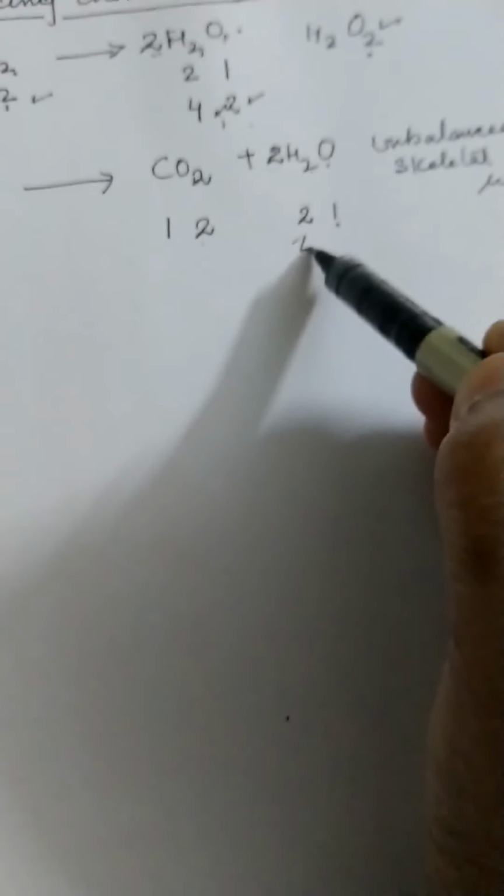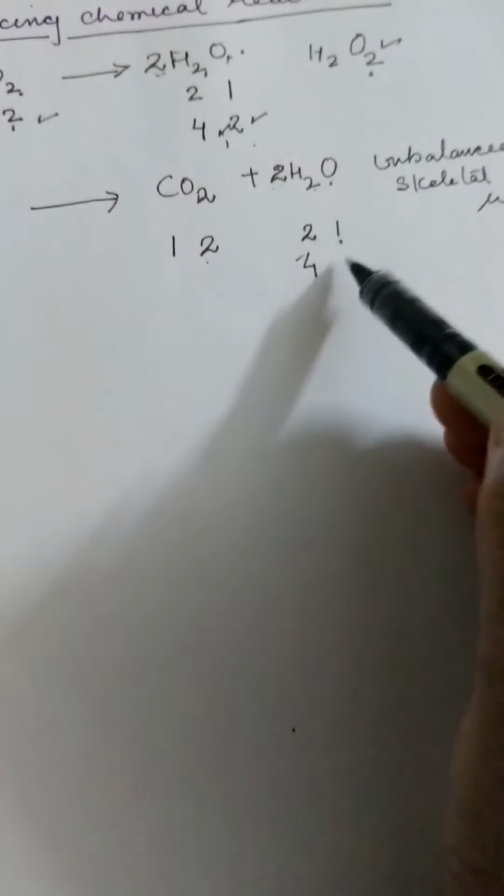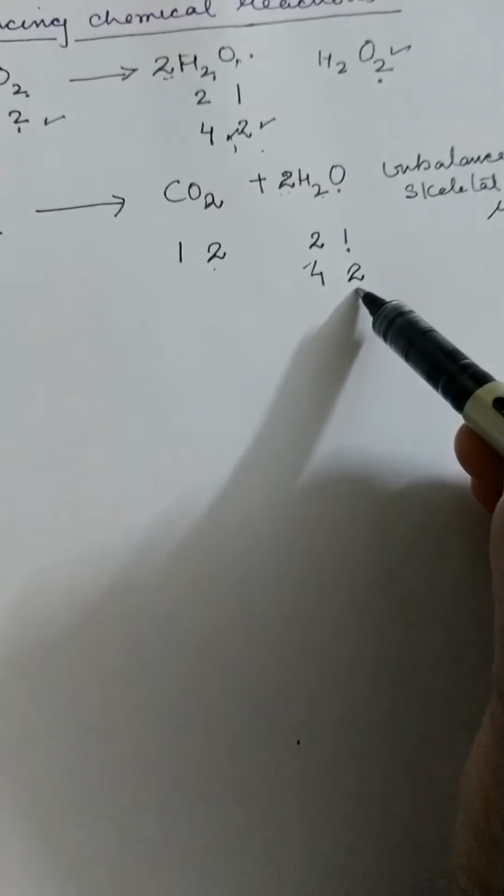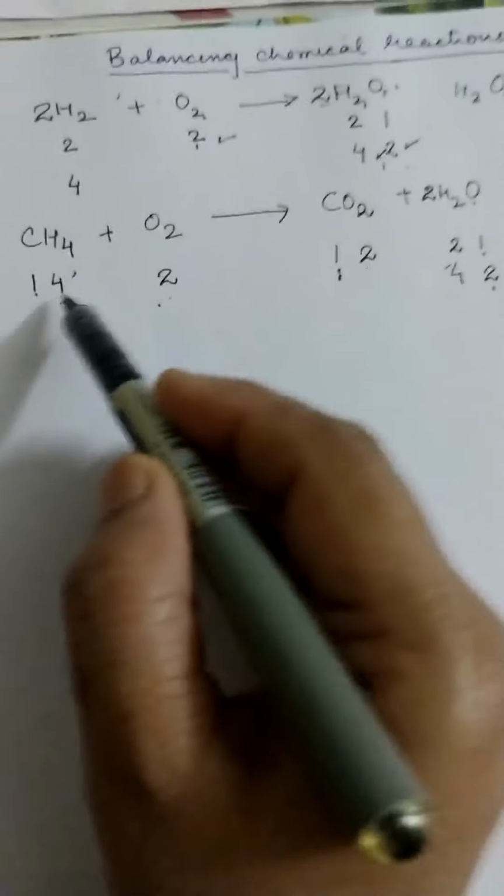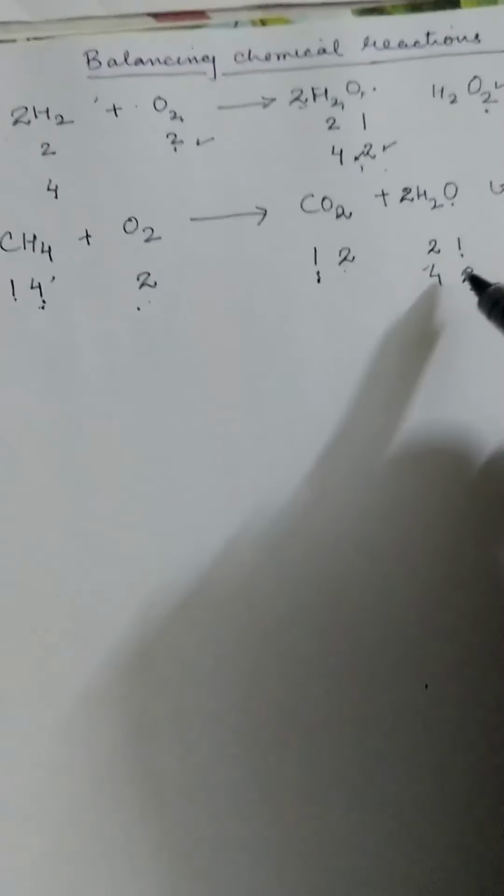By doing so, hydrogen becomes 4. And oxygen also becomes 2. Now, let us check carbon. Carbon is okay. Both sides it is 1.